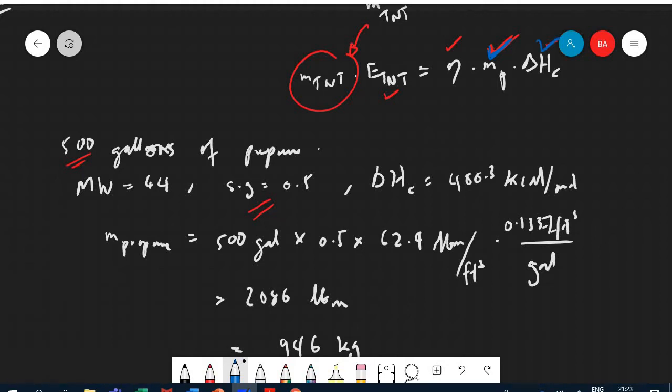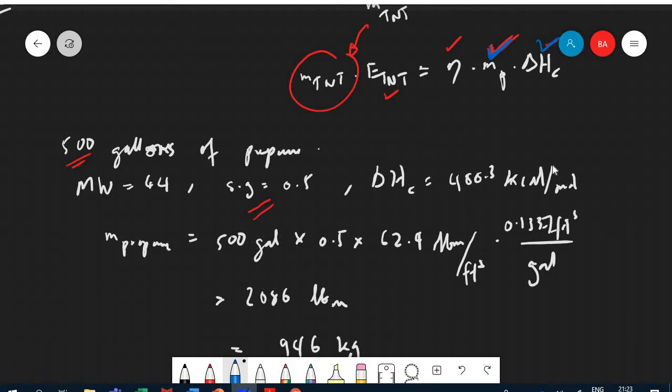Well, is the delta heat of combustion, or the energy of explosion, good for me? It is in kilocalories per mole, and actually I have the mass in kilograms. Maybe I need to do some kind of conversion here. Either I convert this kilogram to moles, or I use my molecular weight and have this in kilocalories per kilogram.